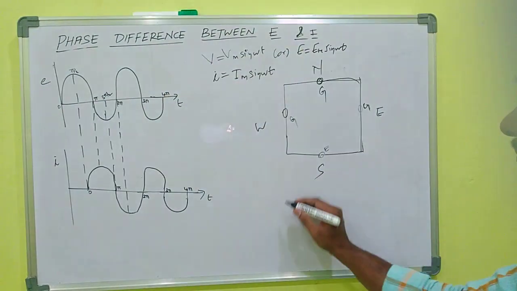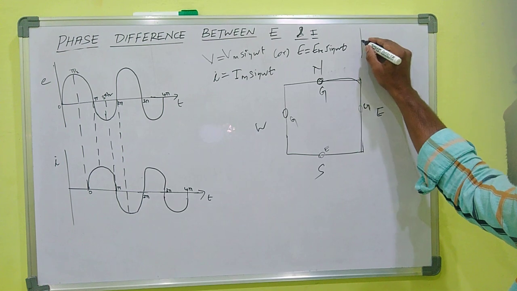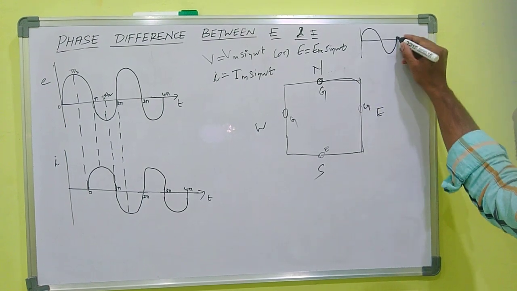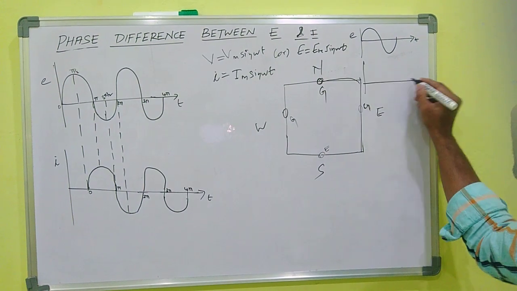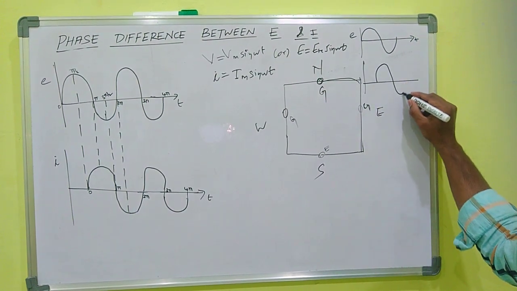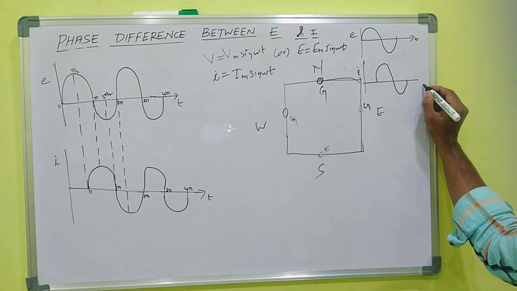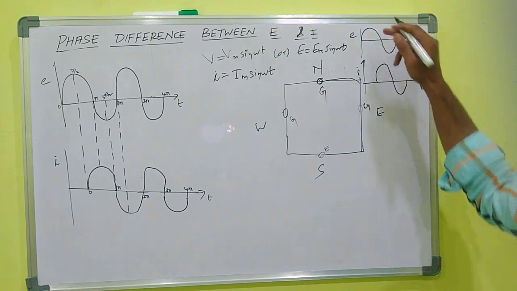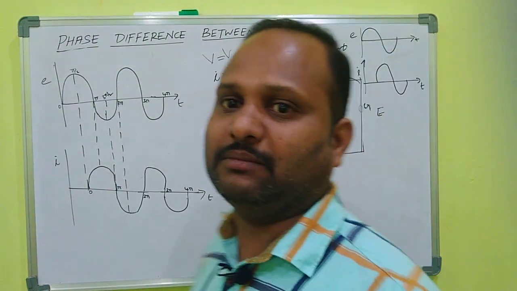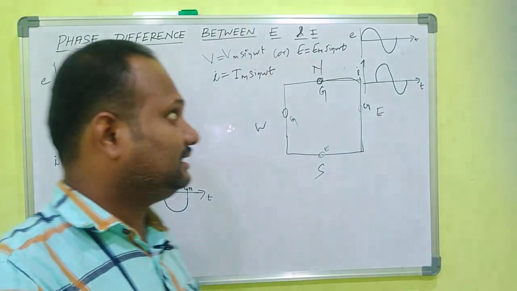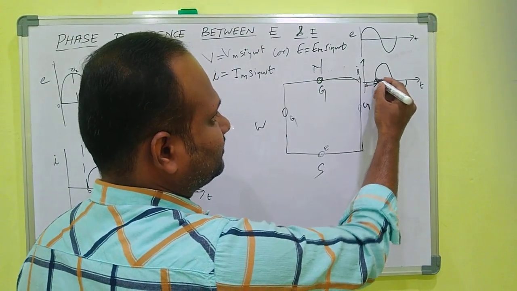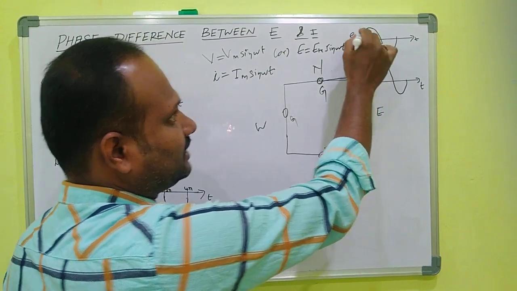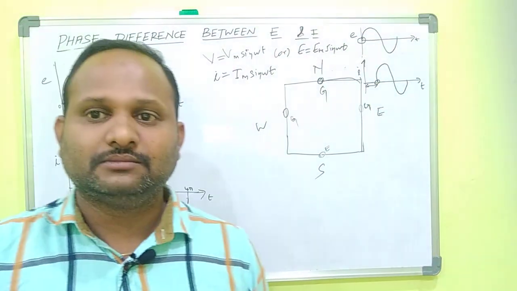I draw one diagram. This is a diagram for EMF. This is a diagram for current. Current follows the same way as EMF, but there is a time gap, a delay. It starts from here, but the EMF starts from the origin.